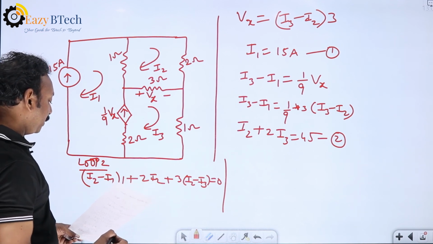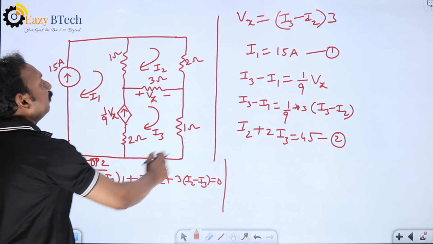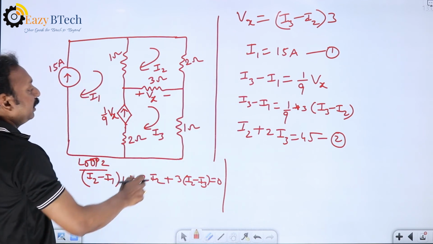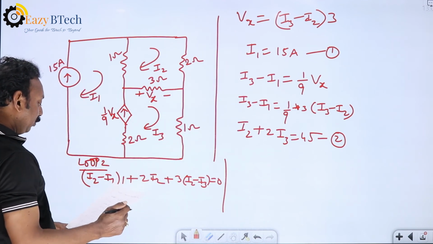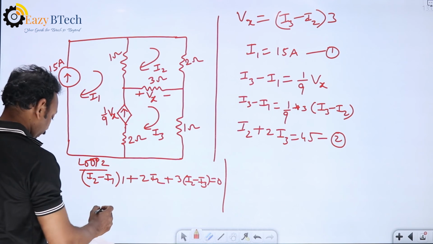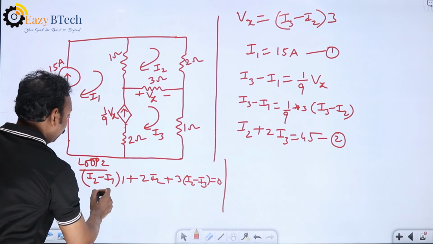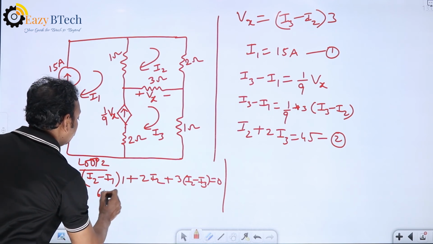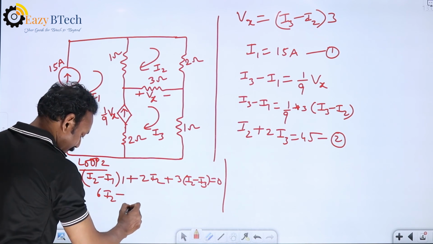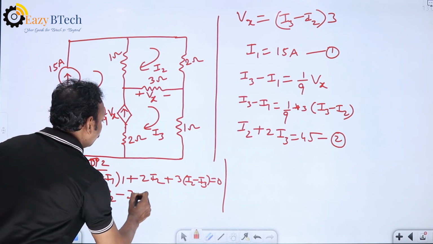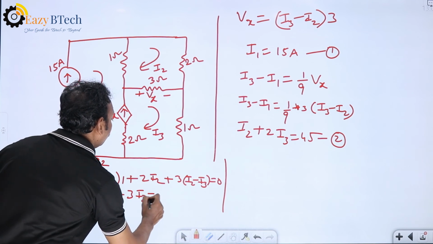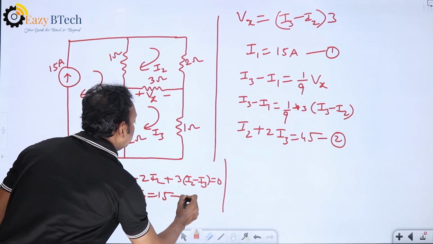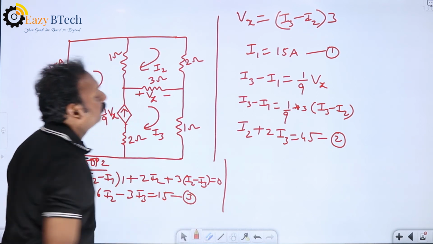You will get that equation, and substituting the I1 value of 15 ampere, you get the equation in terms of I2 and I3 only. That is 6I2 minus 3I3 equals 15. This is the third equation.